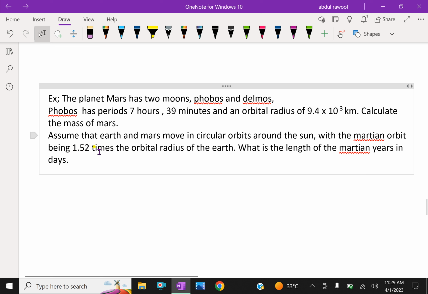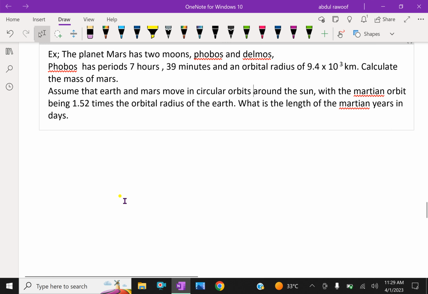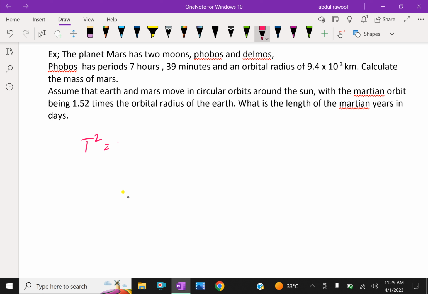First, we have to calculate the mass of Mars by using Kepler's laws of planetary motion. Look here first. You know the formula: T squared is equal to 4π² over GM, times r cube, by Kepler's law.